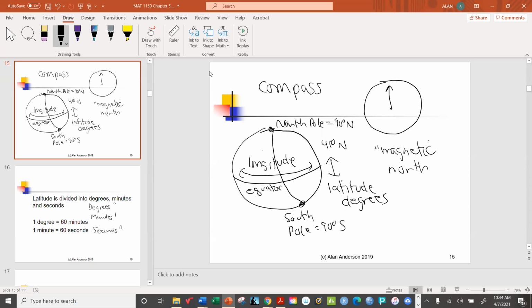Now, interestingly enough, sailors have been able to measure latitude for centuries because it only requires us to observe the angle of the sun. Longitude is a completely different matter. Longitude requires us to know precisely what time it is.